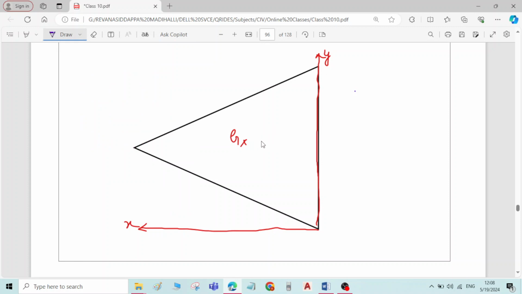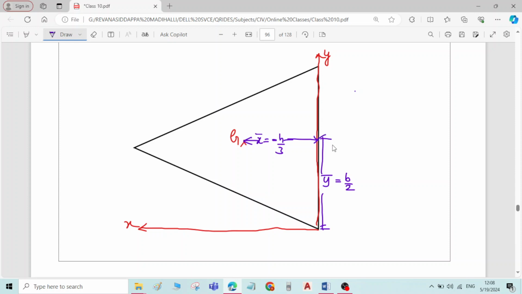In the second quadrant x is negative and y is positive, therefore x bar is equal to minus h by 3 and y bar is equal to plus b by 2.